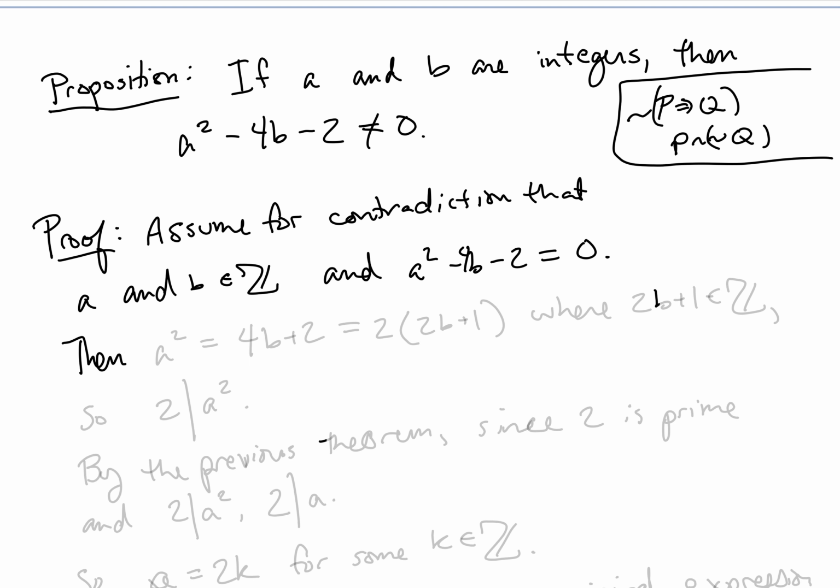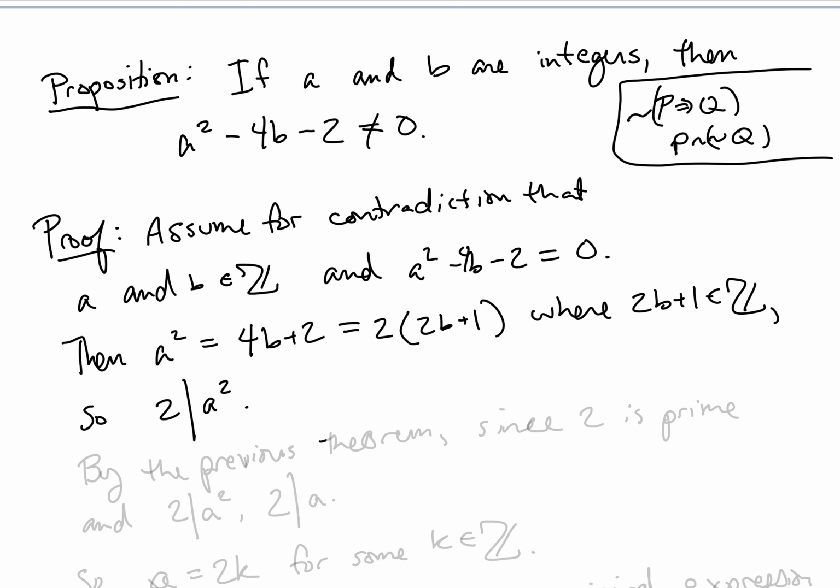Then we could write that a squared is equal to 4b plus 2. So we could try to get one variable alone by itself. Okay, anything that we notice about 4b plus 2? One thing we could notice is that this is an even integer. This is equal to 2 times 2b plus 1, where 2b plus 1 is in the integers. So that means that 2 divides a squared.